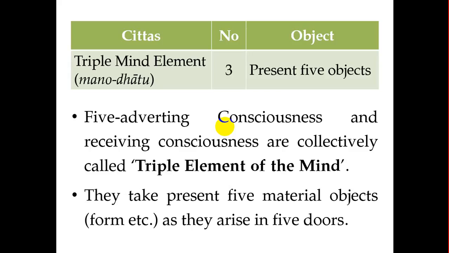As you know, five door advancing consciousness and two types of receiving consciousness only arise in the five doors. They will not arise in the mind doors. So we have to take note and think about it based on that. It is only present, not past, not future, right?